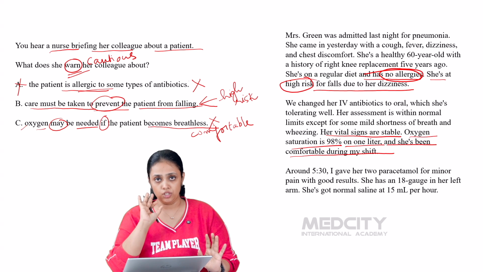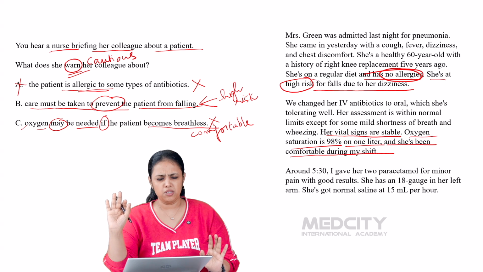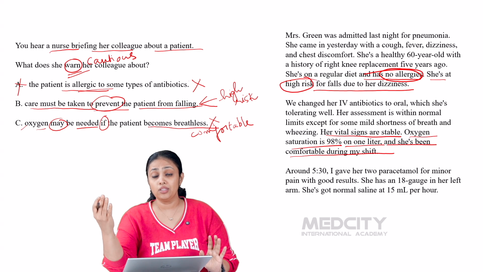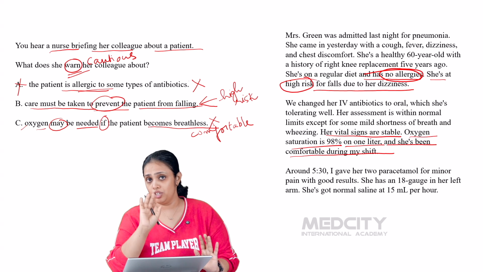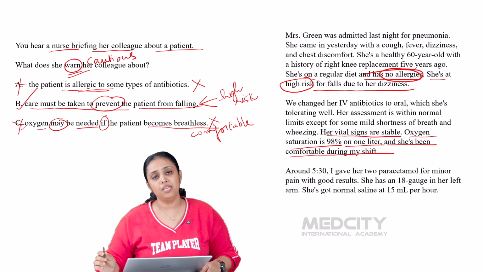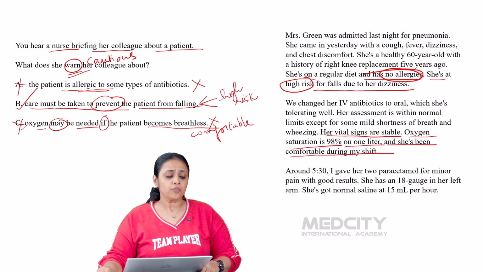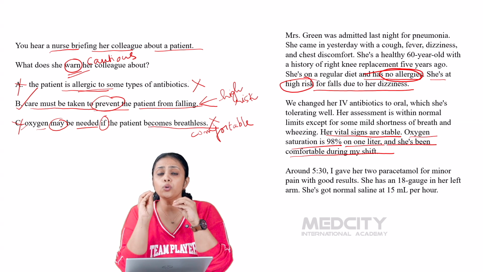As per the nurse, the patient was comfortable, her oxygen saturation level was 98%, and there is no warning that if there is a possibility of complication, oxygen needs to be administered. For that reason, we can eliminate this as well, and definitely we can conclude on option B as the right answer.